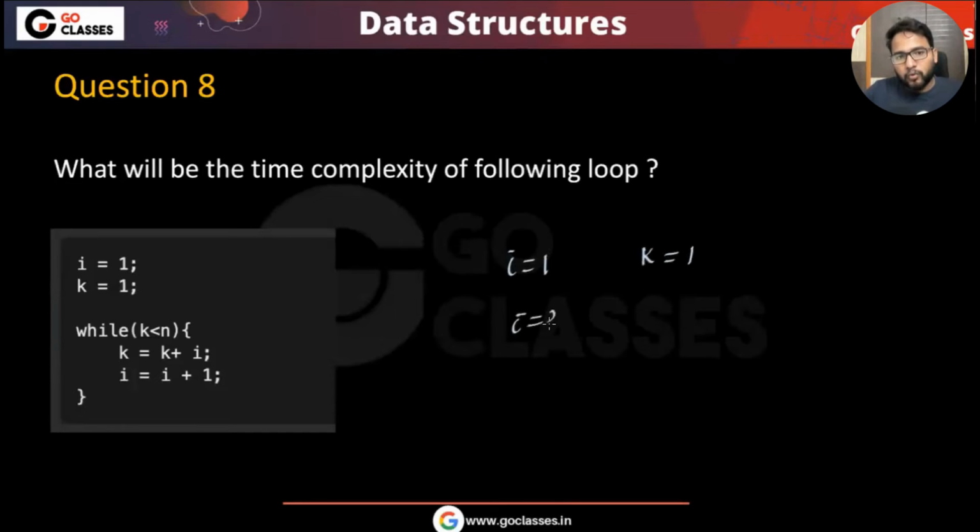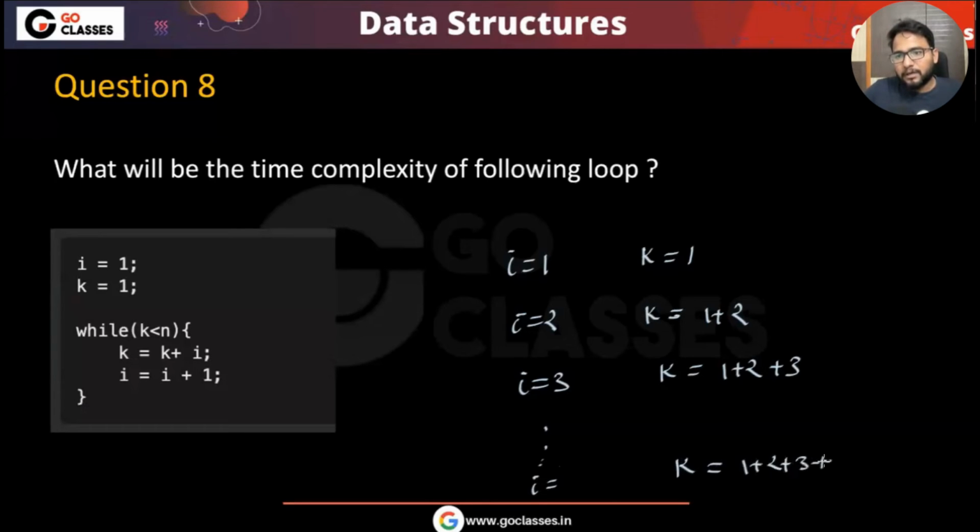For i equal to 2, k will be 1 plus 2. For i equal to 3, k is already 1 plus 2, then you also need to add 3, like that. This will run until k becomes n. Let's suppose that at i equal to t it becomes n. Is this correct?